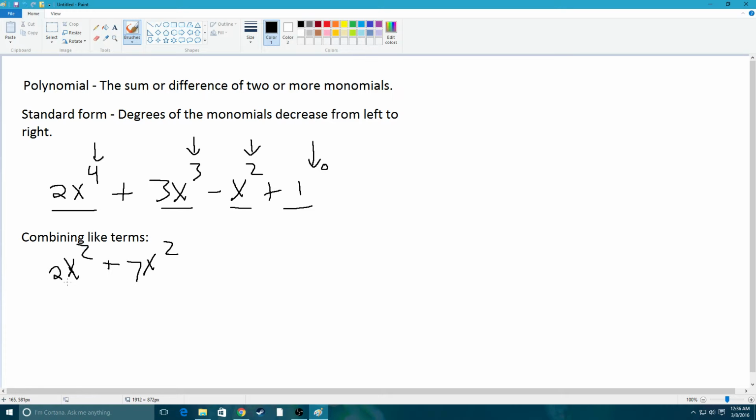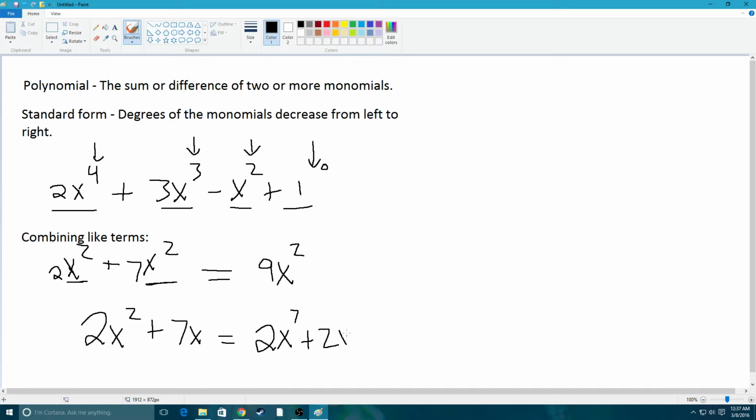So we have 2x squareds matched with 7x squareds, which gives us a grand total of 9x squareds. It's very important to note that the only reason I can add these together is because they have the exact same variables next to them. If this was something like 2x squared plus 7x, well, guess what? Can't combine that. You would not be able to simplify this expression.